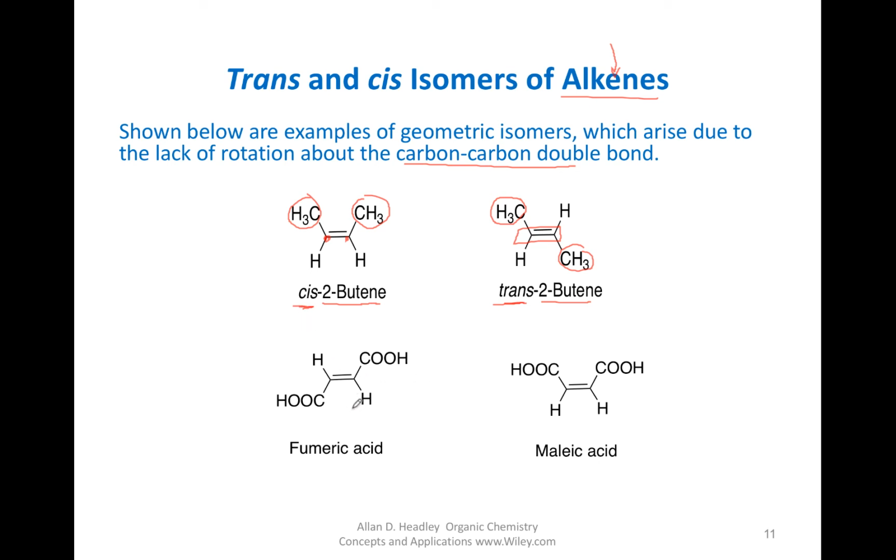Here's another example. Fumaric acid has the COOH on opposite sides, and maleic acid has both groups on the same side. You may recall in biology, these two molecules, even though they have the same molecular formula, are different, and the body recognizes them as different molecules.